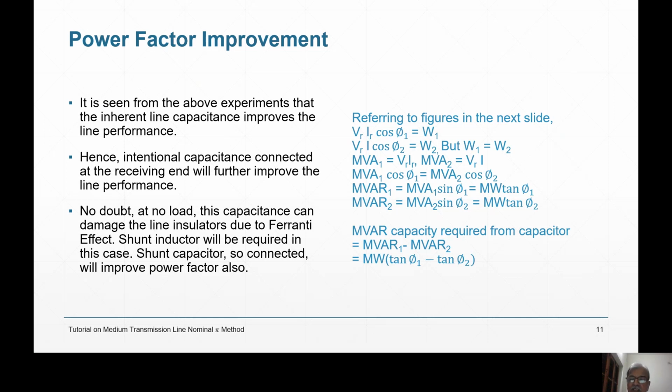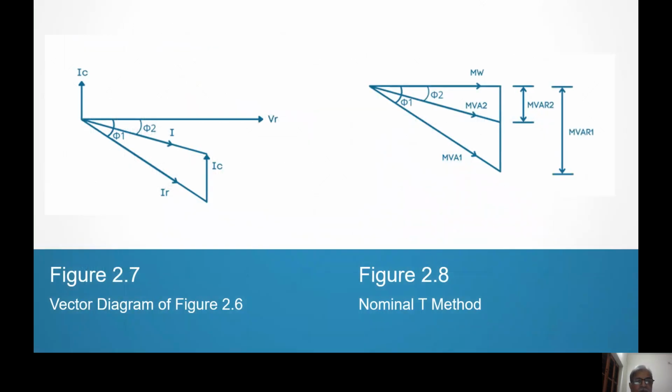The MVAR capacity that you are using for the capacitor is MVAR1 minus MVAR2, that is MW tan phi1 minus tan phi2. If you want to see the diagram, it is like this. This is VR, IR and IC, phi1, phi2. Phi2 is less, therefore the power factor is improved.